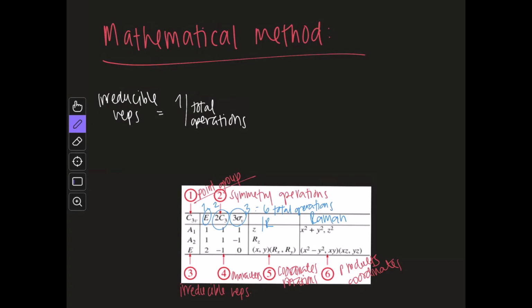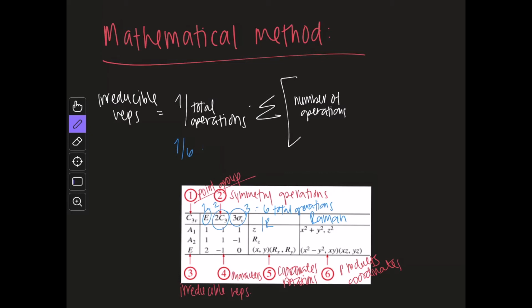So if we wanted to use this formula, for example, that would be 1 over 6 times the sum of the number of operations for the operation that we're looking at.